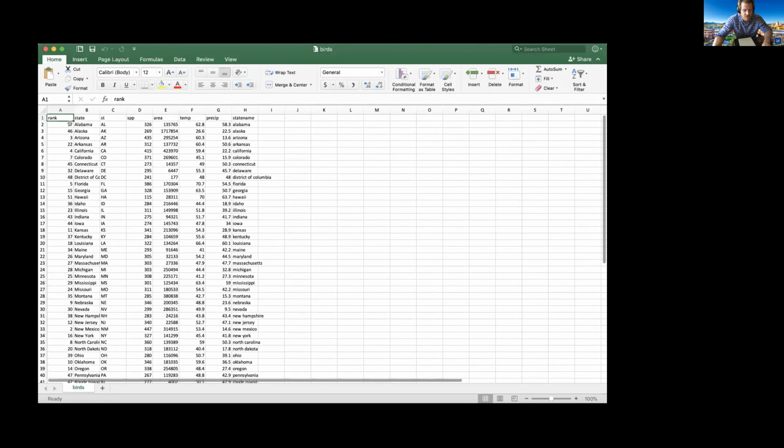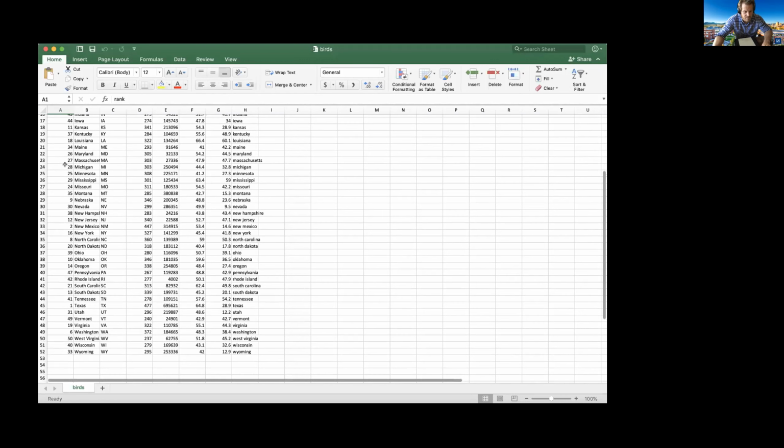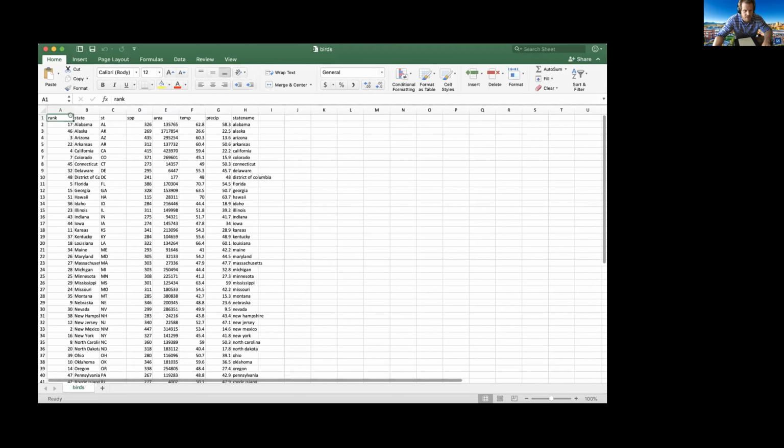Here are what the data actually look like. Rank is the rank of species that, I don't know what rank is. That's something someone has in there. I received this data set as an email from someone. Sometimes they have columns in there that we don't always need. But here's what we have.